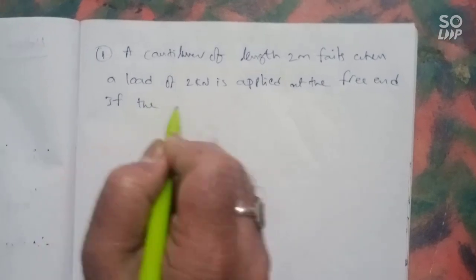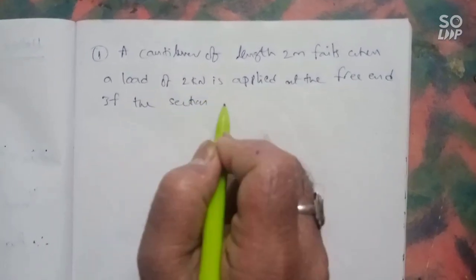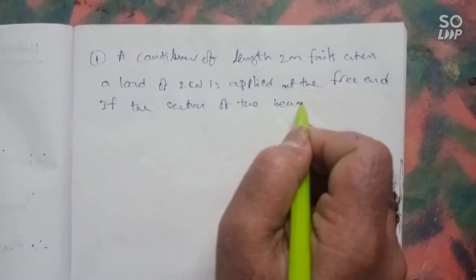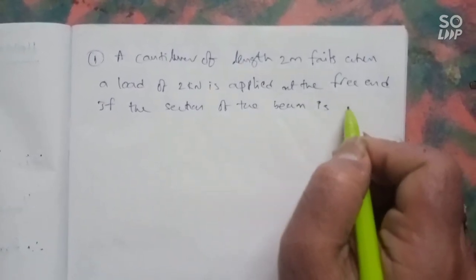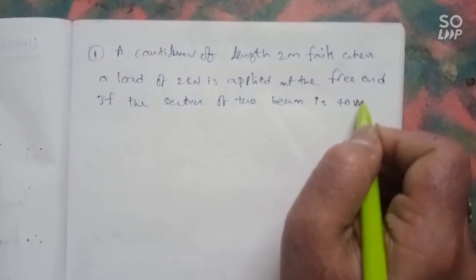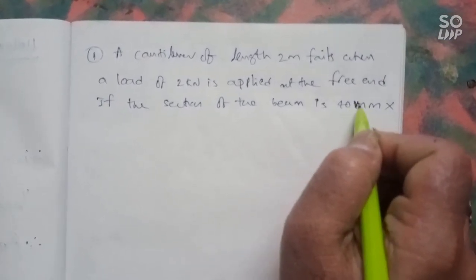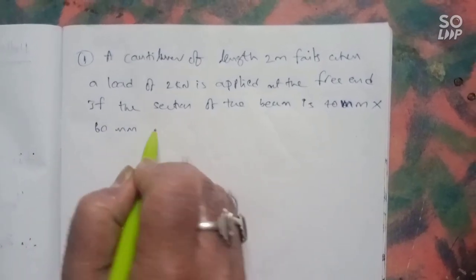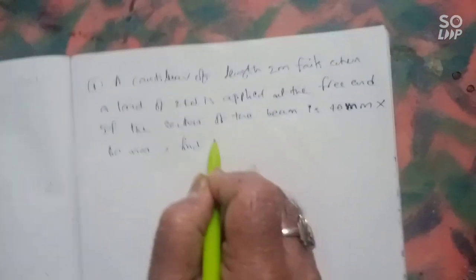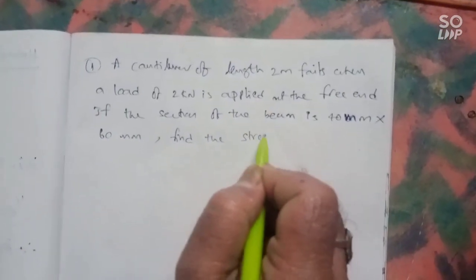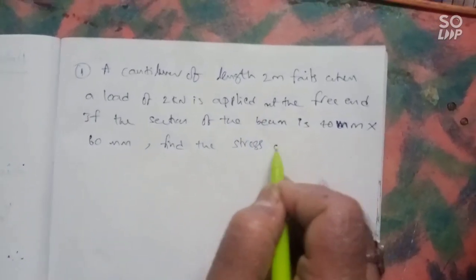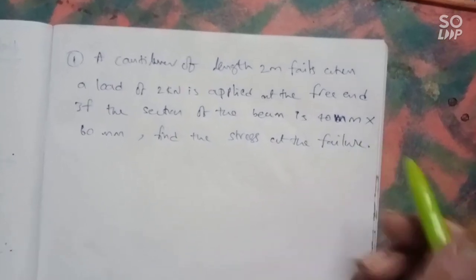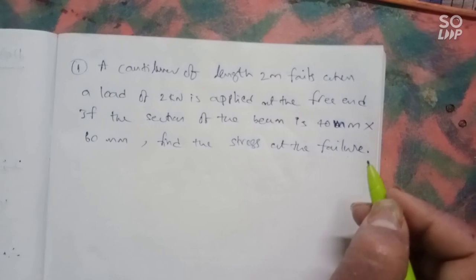If the section of the beam is 40 mm by 60 mm, find the stress at the failure.